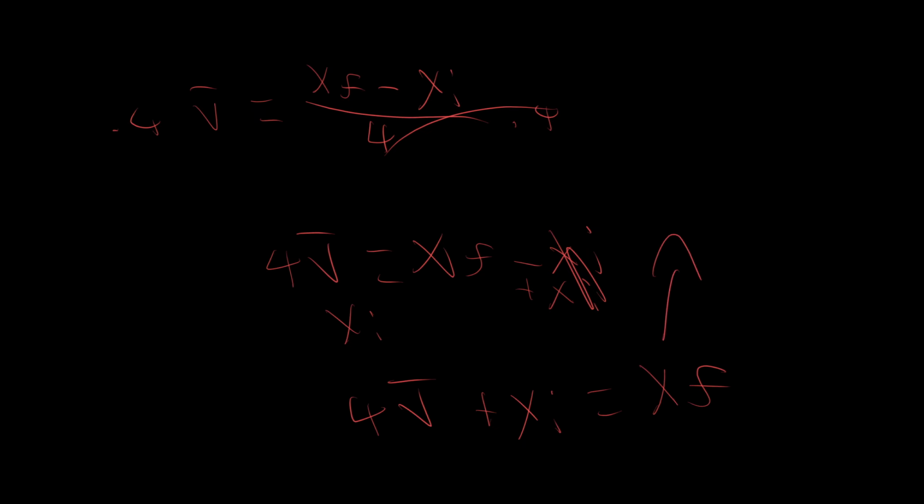And so evaluating this, we know that the average velocity is 3 meters per second positive, so we get 12, and it starts at an initial position of -2, so 12 plus -2 is equal to the final position, and this is 10. So plus 10 meters. That's our answer.